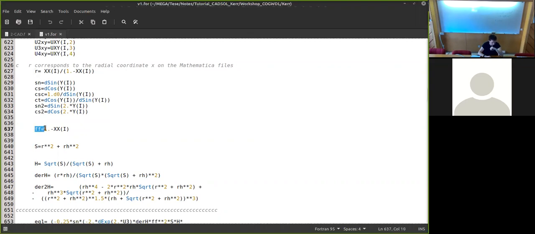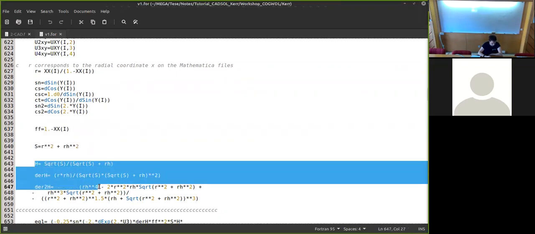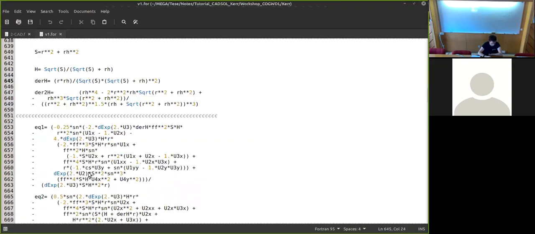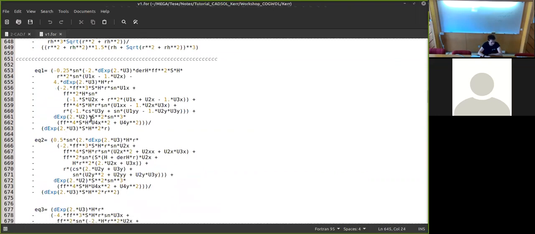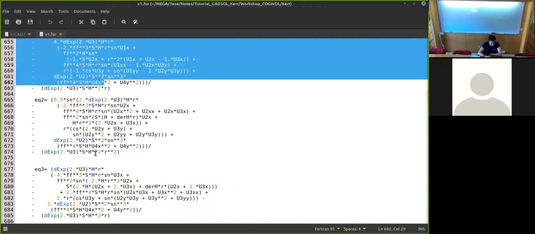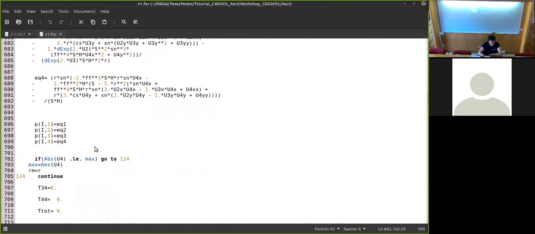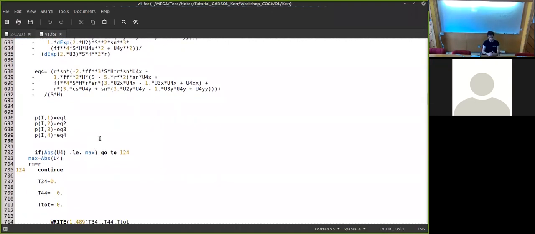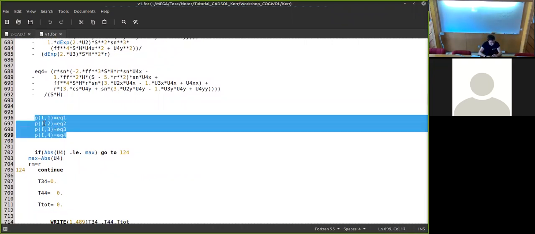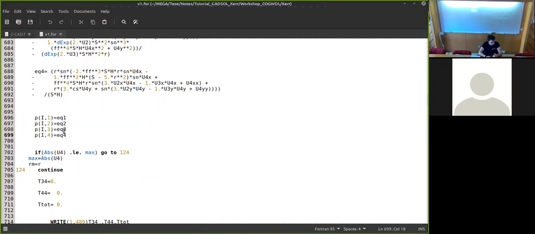Then here we have the f function, the s function, and the h with its derivatives. So you can now print or copy and paste all the equations, the equations of motion, the first one, the second, and the others. The way that the solver knows which are the equations that it has to solve is by doing these small lines of code.